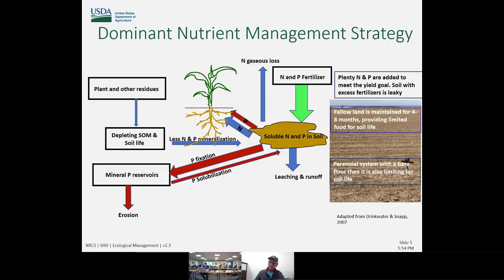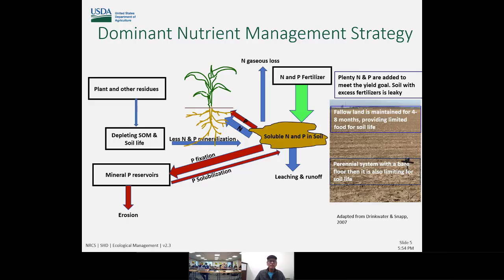And plant and residues are much lower in this case, because they are not adding any organic matter or anything in there. So it is also depleting the soil organic matter and also disappearing soil habitats.